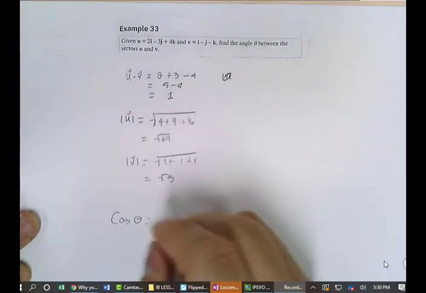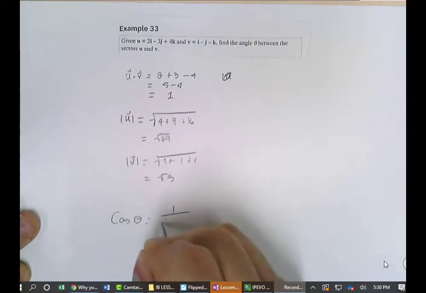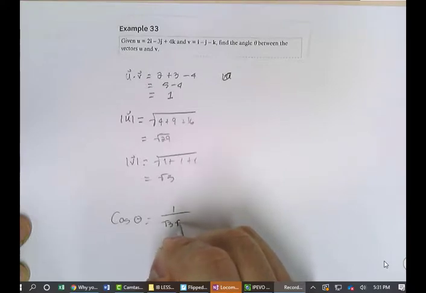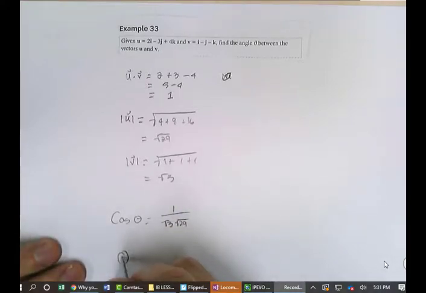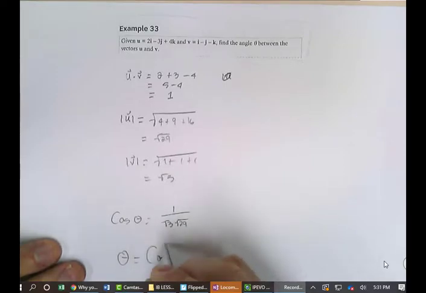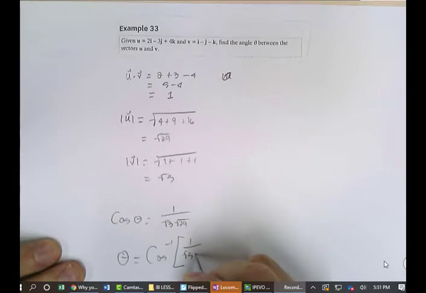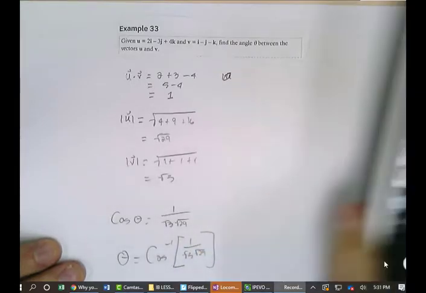And then I know that the cosine of theta, the angle between these two vectors, is going to be the dot product, which is 1, over root 3 times root 29. Then I can find the angle by taking the cosine inverse of 1 over root 3 times root 29. And here's where I'm going to use the calculator.